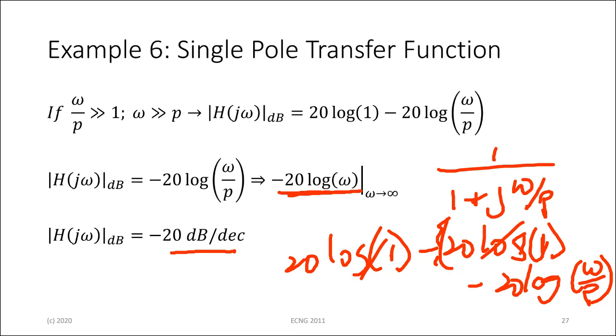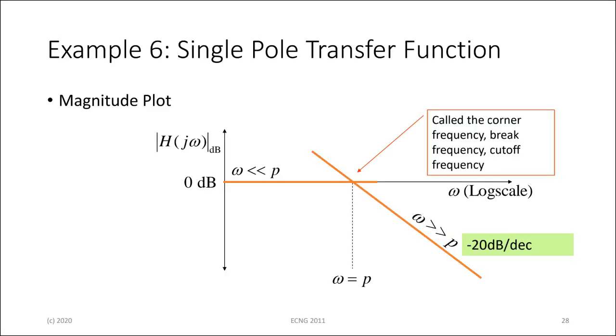So if I put everything now on a straight line graph, this is omega equal to P. When omega is less than P, it is 0 dB. And when omega is much greater than P, it's a straight line descending at minus 20 dB per decade.